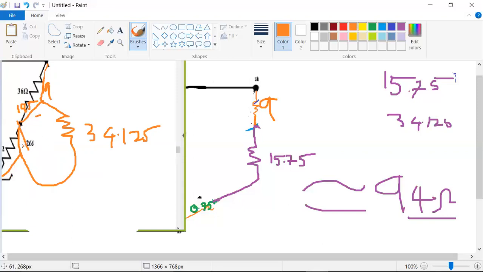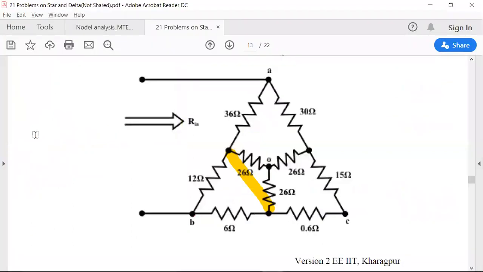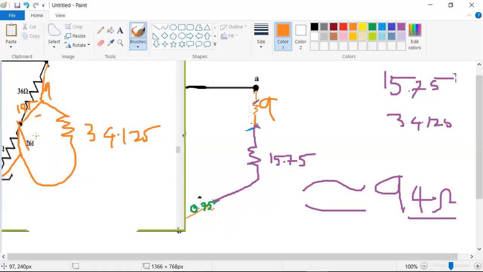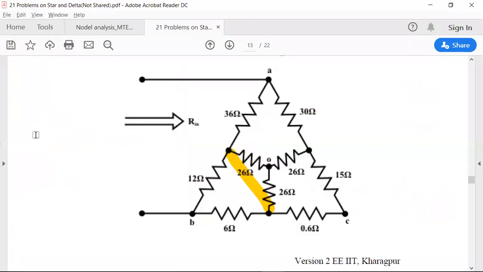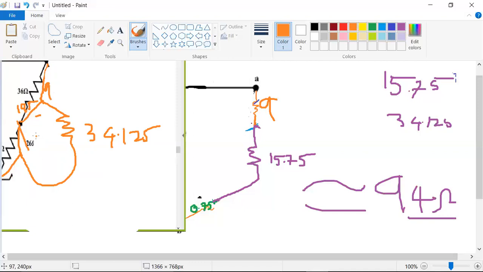Now complete this star. 78 into 12 divided by 96. This is 12 plus 6 plus 78, divided by 96. Then the answer will be 9.75. So this is 9.75.